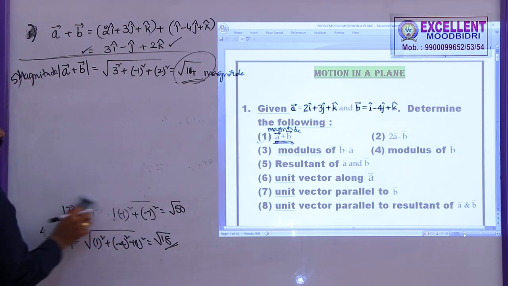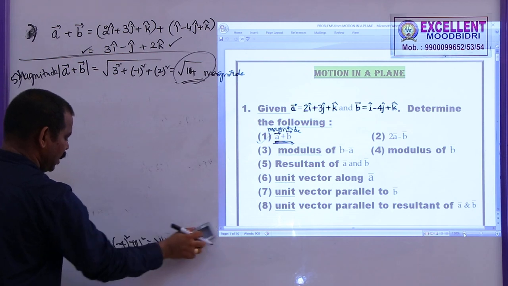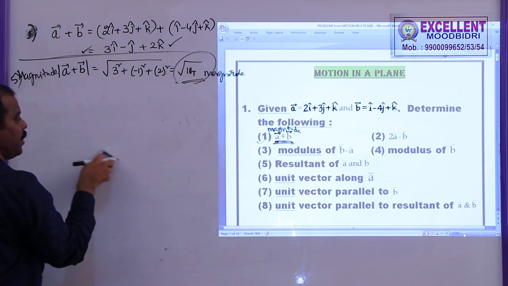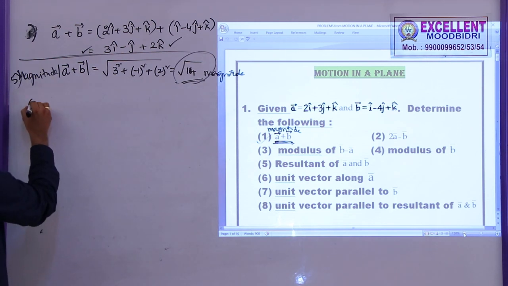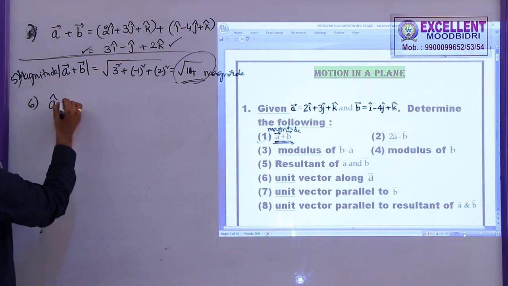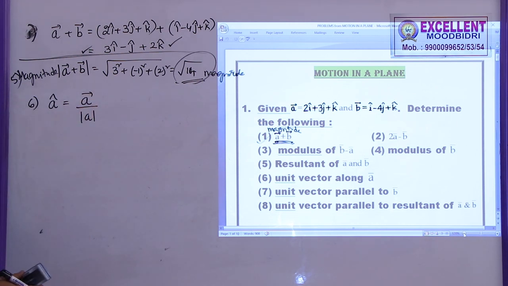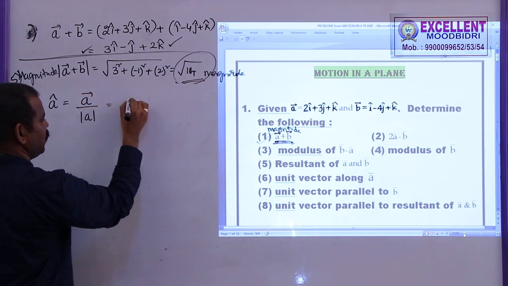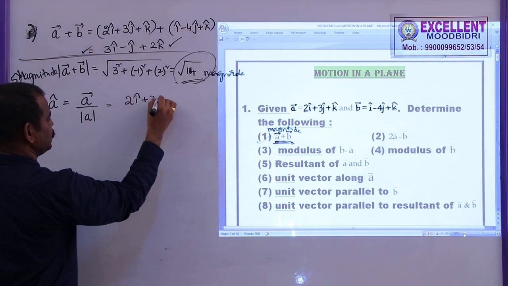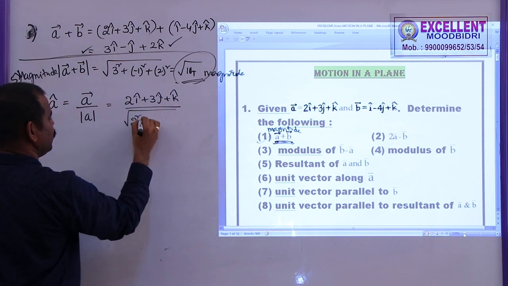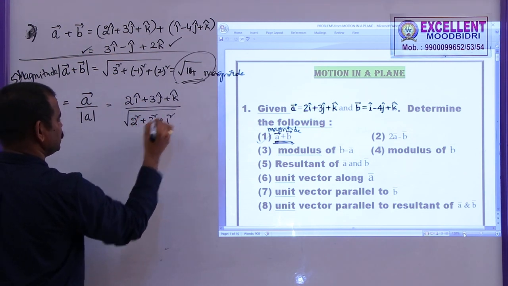Then sixth one, the unit vector along a bar. How to find a unit vector? Unit vector is the given vector divided by the magnitude of that vector. So now sixth one, a cap we want, that is the given vector by the magnitude of that vector. What is a bar here? A bar is 2i cap plus 3j cap plus k cap by root over 2 square plus 3 square plus 1 square.